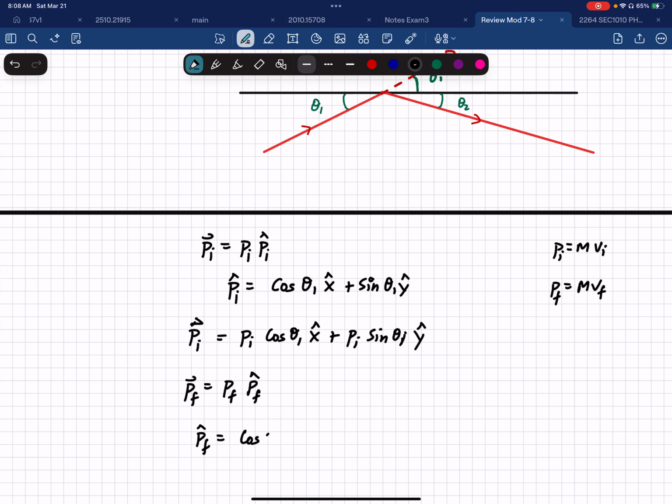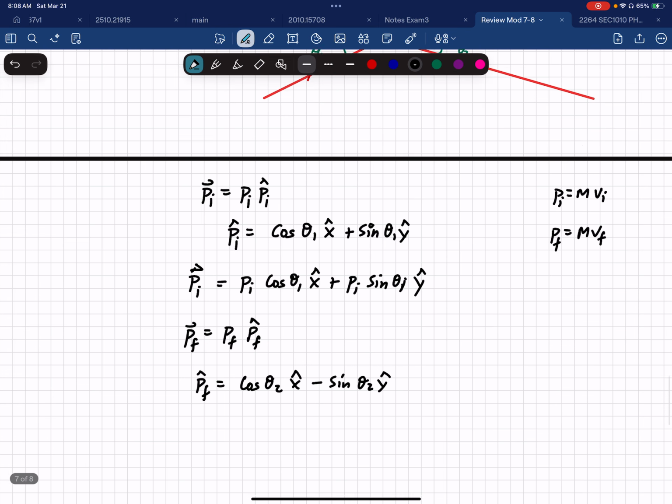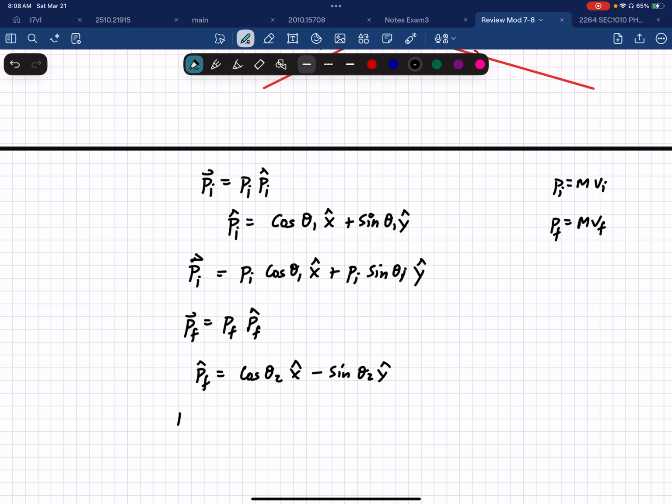The fourth quadrant is written as cos theta 2 x hat minus sine theta 2 y hat. The pf is again given as the product of these two: pf cos theta 2 x hat minus pf sine theta 2 y hat.